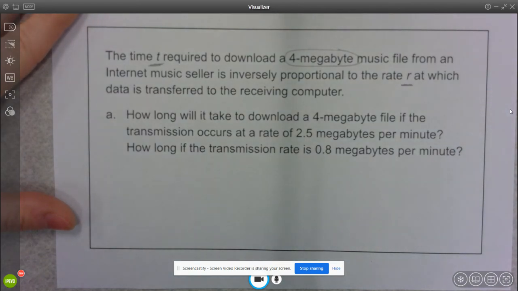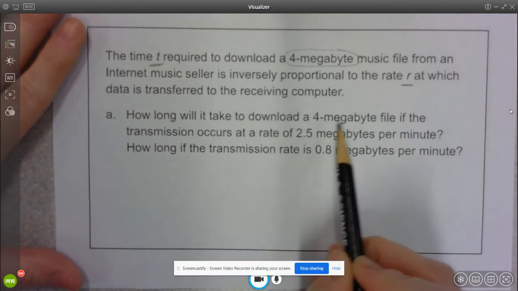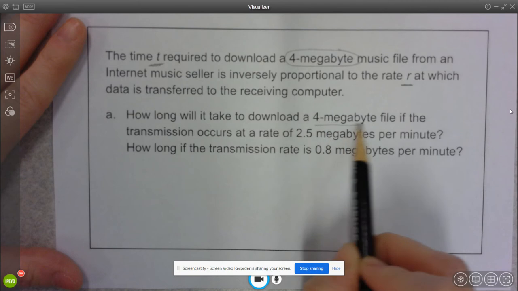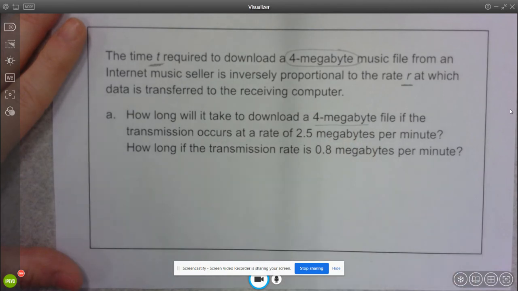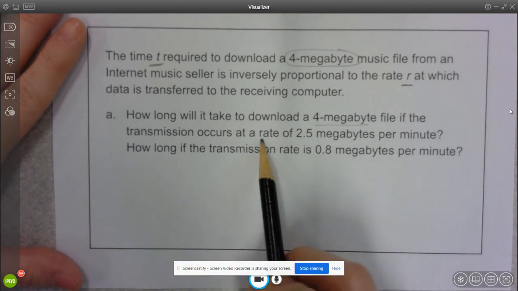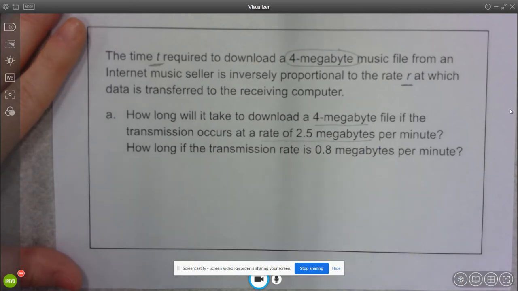My 4 megabyte file is my constant because that will remain the same. And the time that it takes is what's going to be changing versus the rate. So how long is it going to take to download a 4 megabyte file if my rate is 2.5 megabytes per minute?